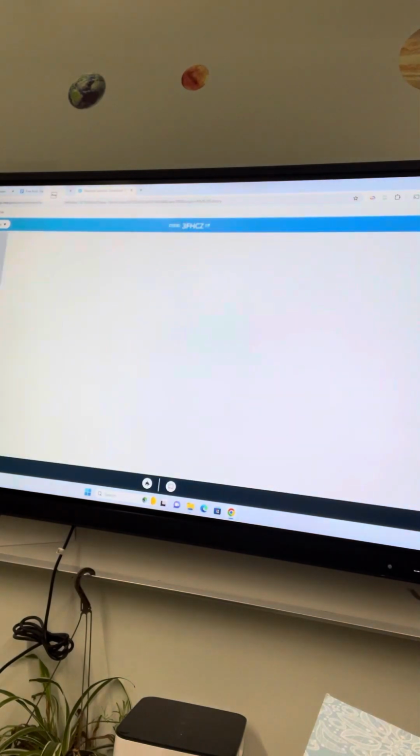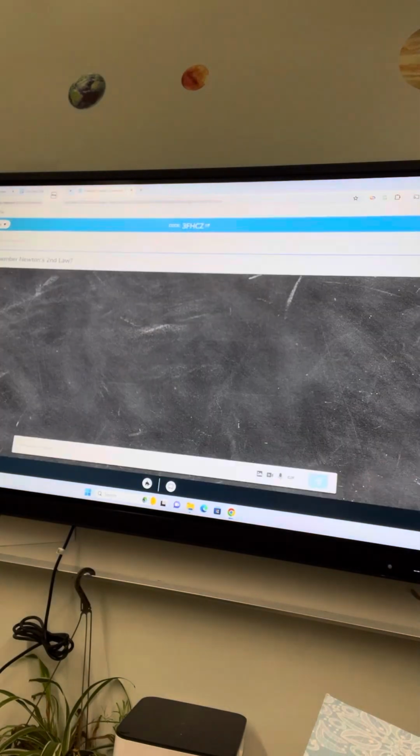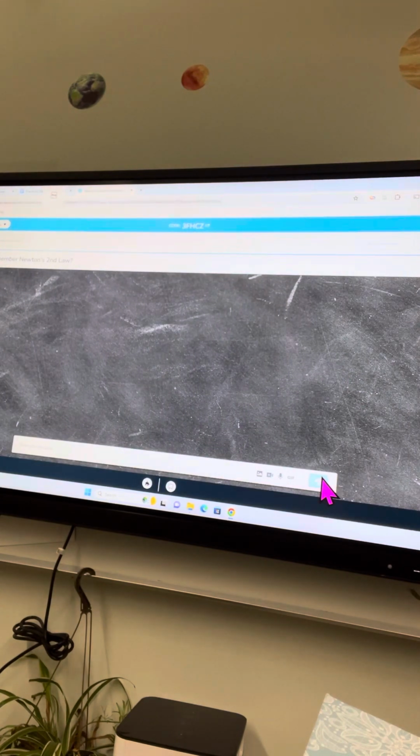So when we're looking at Newton's second law, here we go. What helps you remember Newton's second law? So there's your meme board.